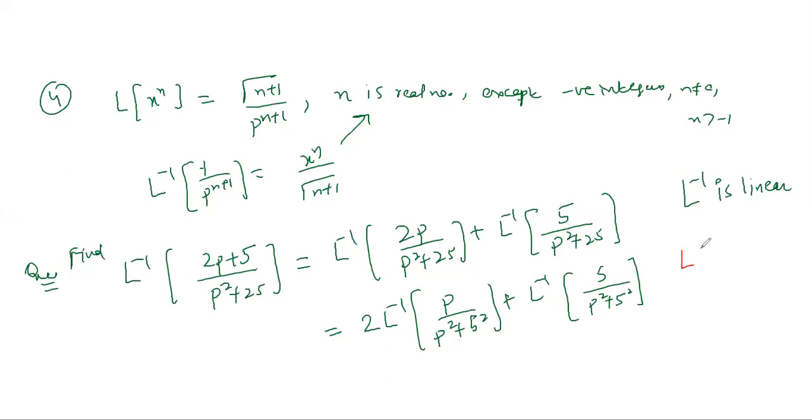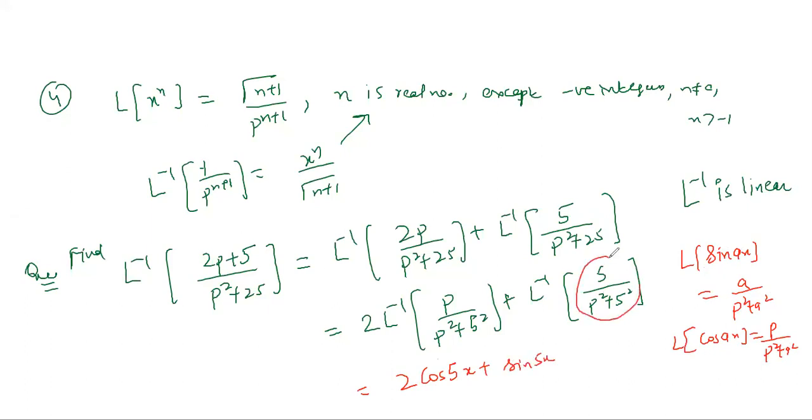We know L of sine AX is a over p square plus a square, and L of cos AX is p over p square plus a square, right? So from here this one will be 2 cos 5x and this one will be sine 5x, because this is a over p square plus a square where a is 5. So this is Laplace of sine 5x, and the inverse of this will be sine 5x. The 2 is separate, but that is the answer.